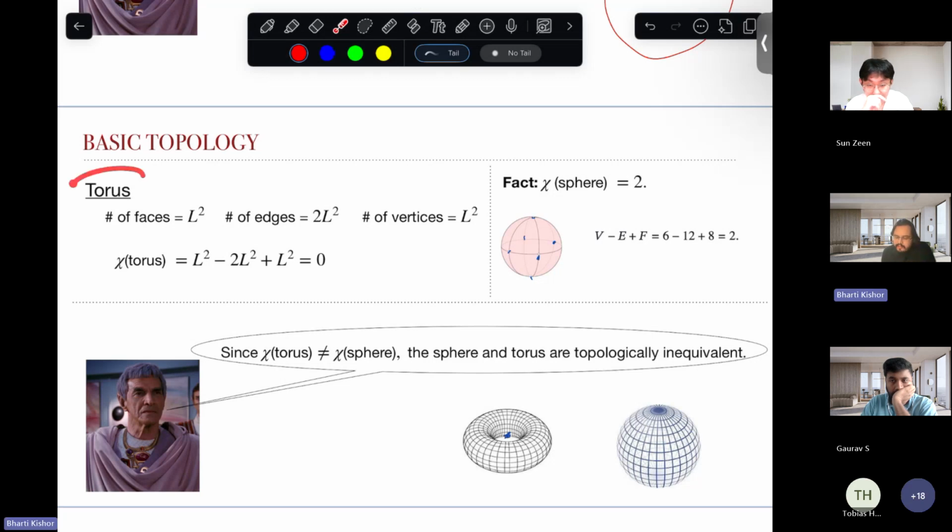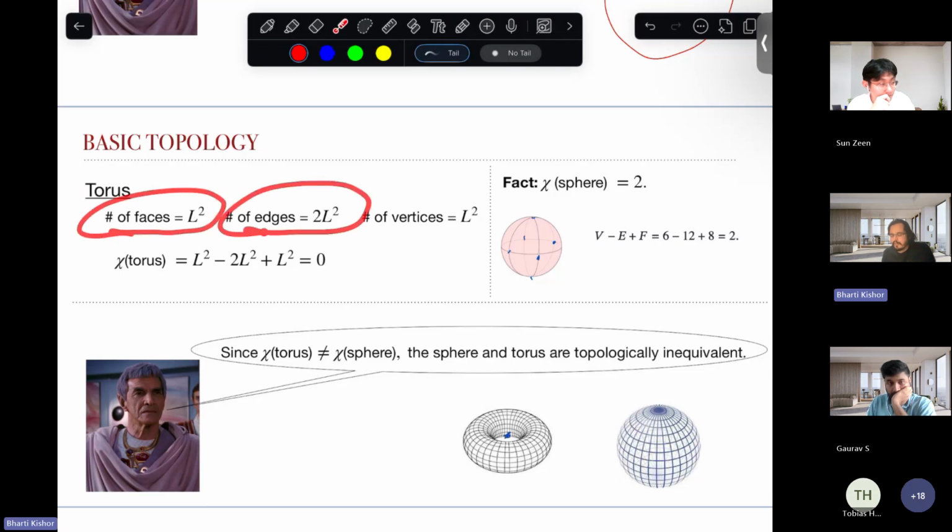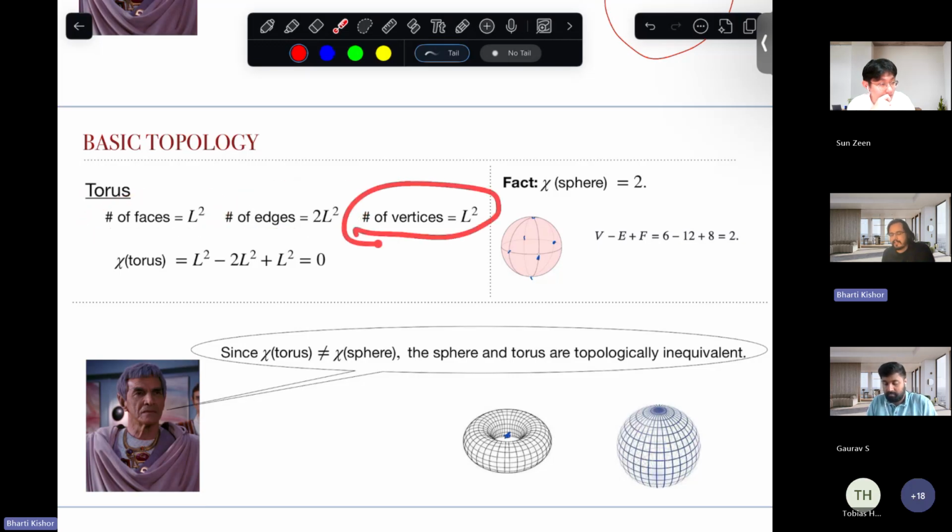So let's take a torus. The torus has number of faces L square, number of edges 2L square, and number of vertices L square. We saw this in the previous case, where we were using squares, we cellulated it, and we calculated this quantity.